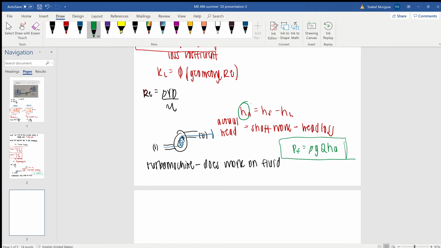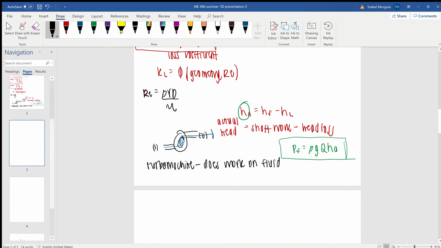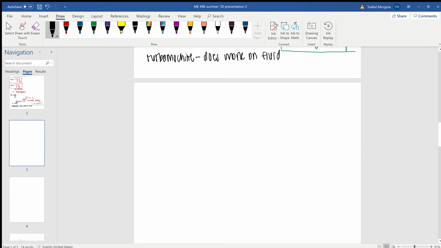Okay, lastly, since this is a pump, we do have to modify Bernoulli's equation a little bit to be able to analyze, which I will just go ahead and add here really quickly. So Bernoulli, we do have P1 over gamma plus V1 squared over 2G plus Z1 equals P2 over gamma plus Z2 plus V2 squared over 2G.